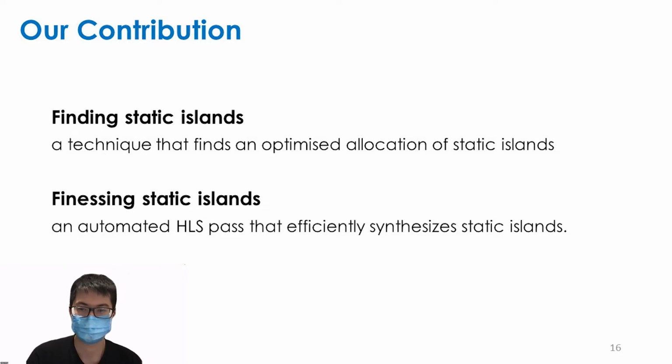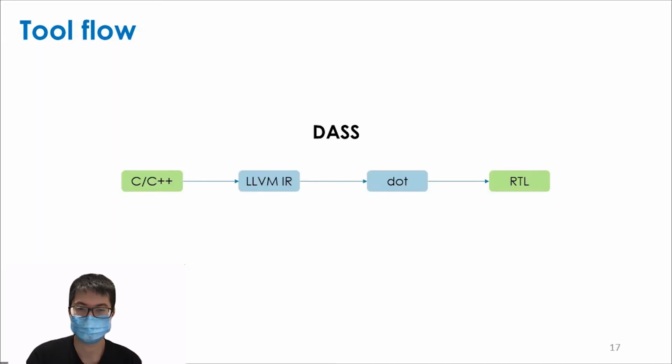Our contribution includes a technique that automatically finds an efficient set of static islands from arbitrary program. Once they are found, we use an automated path that efficiently synthesizes them for high performance. The original tool flow of DOS is shown here.